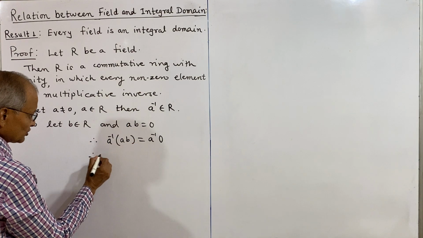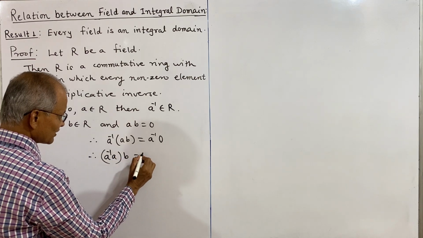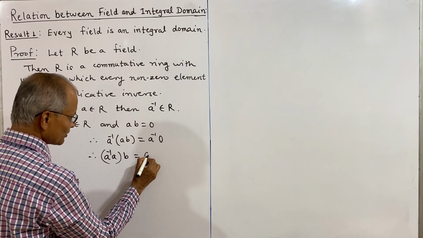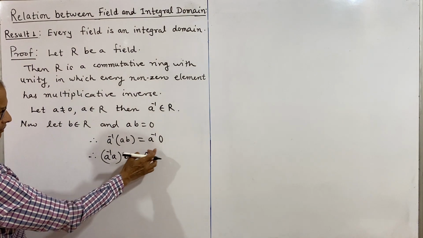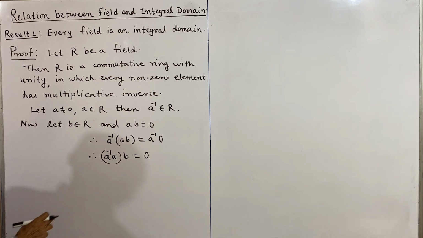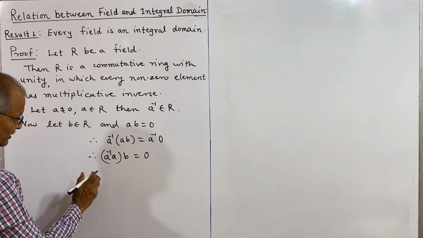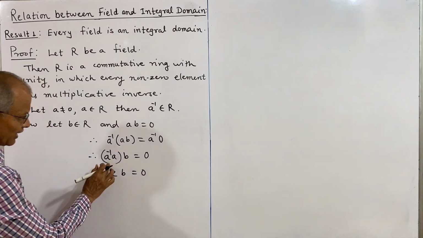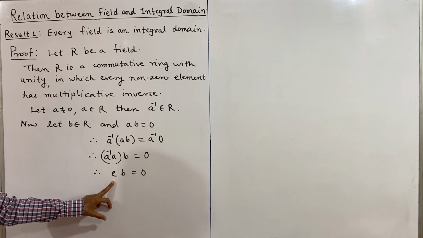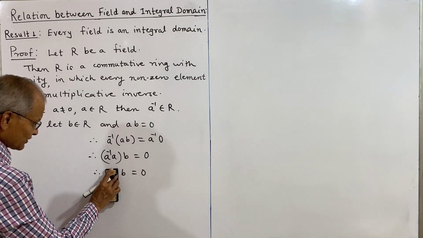And because it is associative, we shall write a inverse into a into b is equal to a inverse into 0, which is 0, by the property of 0. Then what is a inverse into a? That is the identity element, and e into b is equal to 0. Generally the identity element we denote by e, and that can be considered as 1.